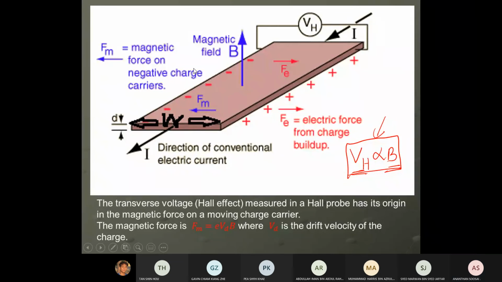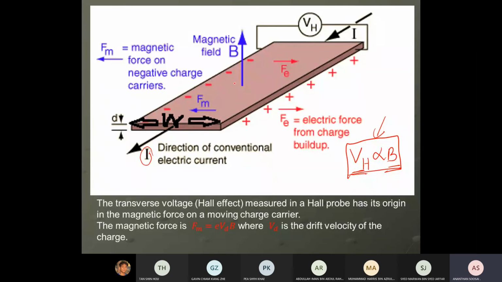Okay, so you see this picture just now? Here the current is going from up to down. The magnetic field is applied upwards. So the electron is moving from down to up, because current up to down means electron down to up.